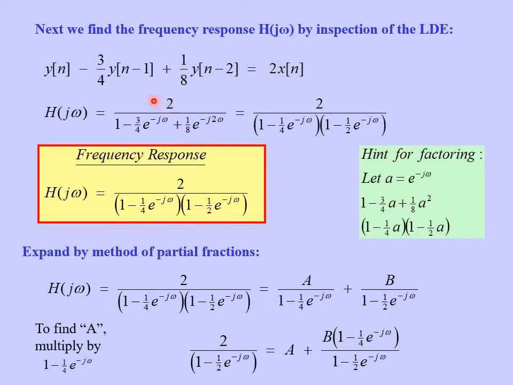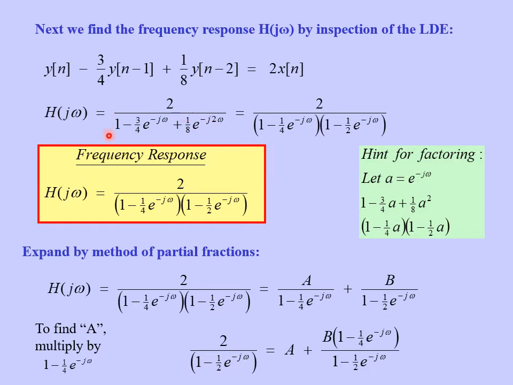Now on the bottom, you can see there's a y of n. That's going to give me this 1. We have minus 3/4 of y of n minus 1. So here's the minus 3/4, and remember, a delay of 1 means a factor of e to the minus j omega. The second term here, we have 1/8, you can see it right here, and we've got a delay of 2, which gives us a factor of e to the minus j2 omega.